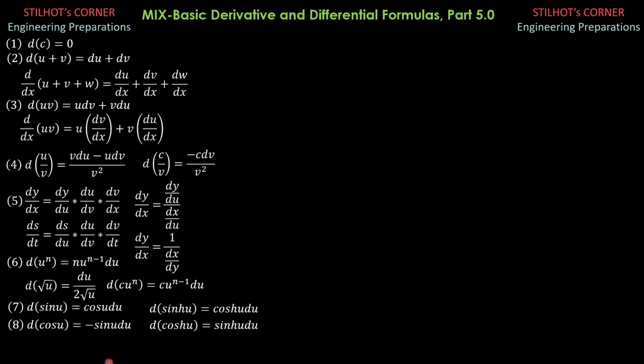The differential of tangent u is equal to secant squared of u du, while the differential of hyperbolic tangent of u is the same, hyperbolic secant squared of u du.